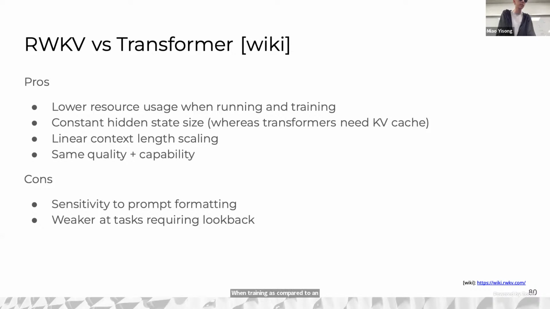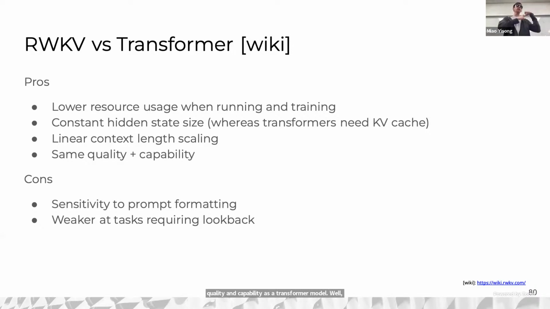The growth of this model is constant because there's a constant hidden state size, whereas transformers need a linearly growing KV cache as you decode. It has linear context length scaling, and the authors say same quality and capability as a transformer model. But the con is that it's very sensitive to prompt formatting and weaker at tasks that require look back.